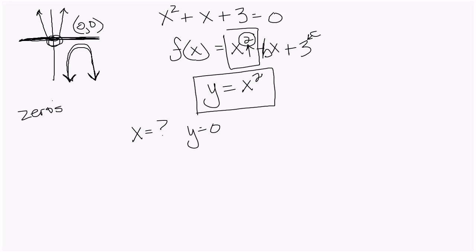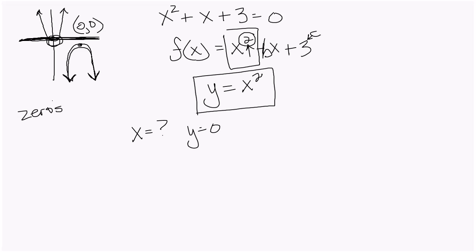But sections 1.4 and 1.5 are all about finding zeros, because that's one of the easiest ways to graph a quadratic, is to solve for the zeros, because that's going to give you 2 points or 1 point where the graph is going to pass through the x-axis. And the other point that will help you to graph is going to be the vertex, and the vertex is always either the minimum or the maximum value on a parabola.